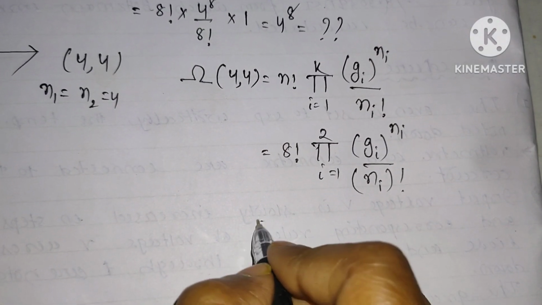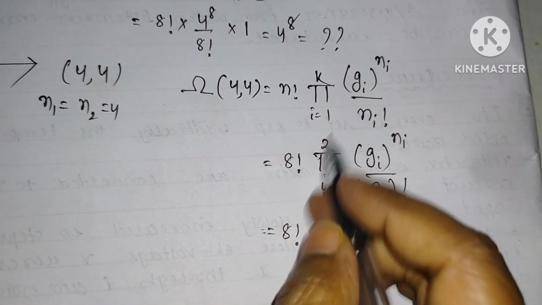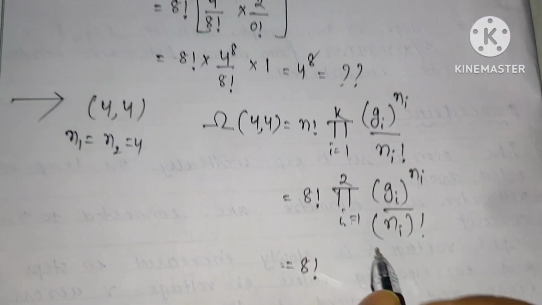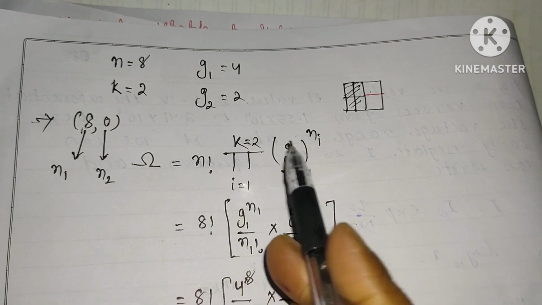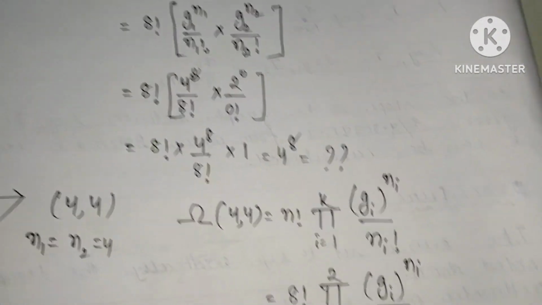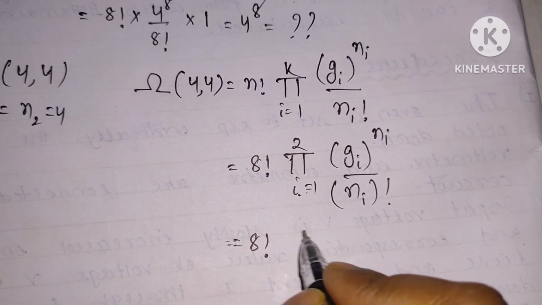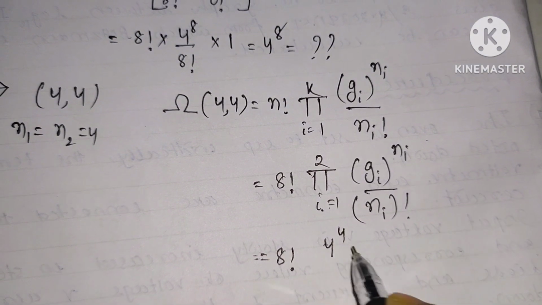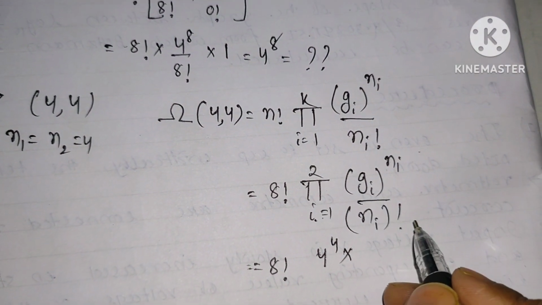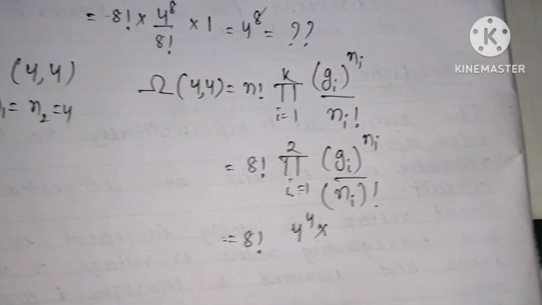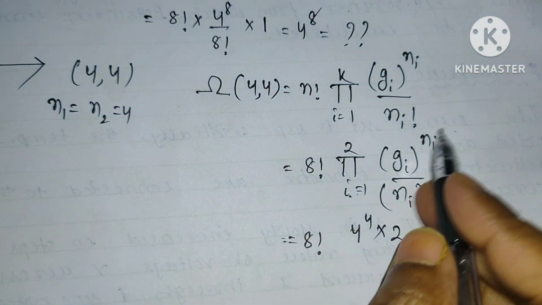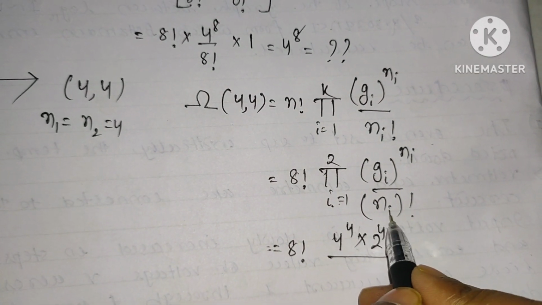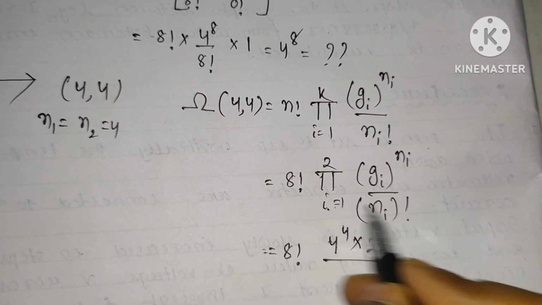So again I am writing 8 factorial. For the product, you put the value of G1 power N1. G1 is 4, G2 is 2. So I am writing directly G1, which is 4, power N1, which is also 4, into G2, which is 2, and N2 is 4, so 2 raised to the power 4, divided by N1 factorial into N2 factorial.